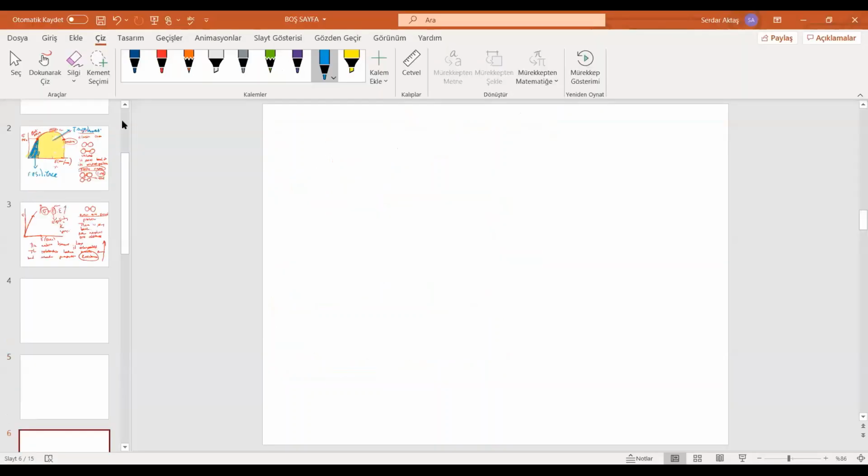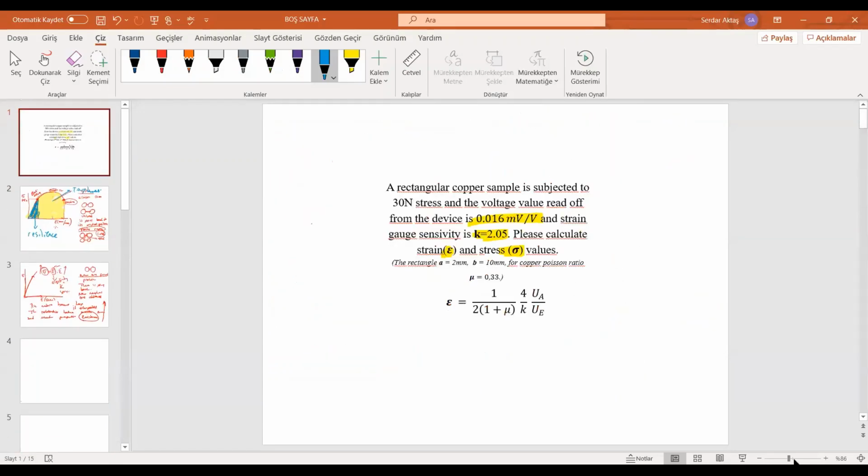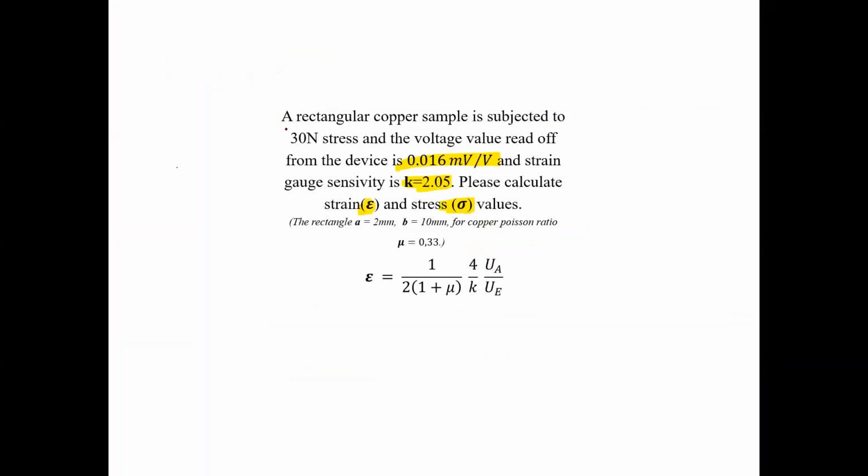Now let's go back to the question. A rectangular copper sample is subject to 30 Newton stress. Our load is 30 Newton.